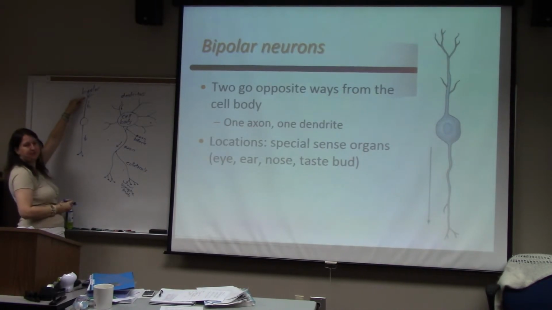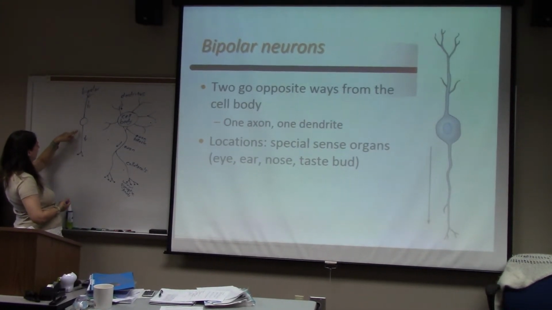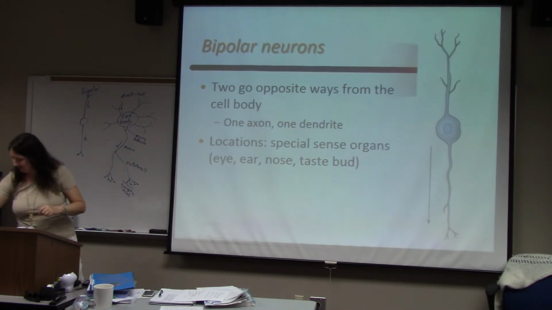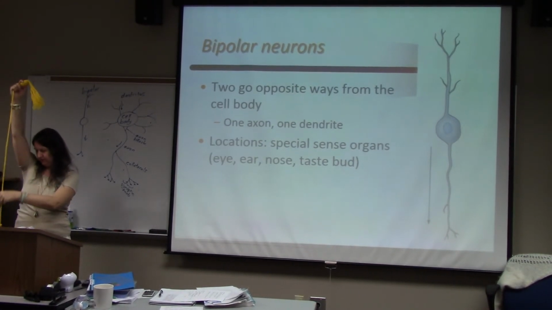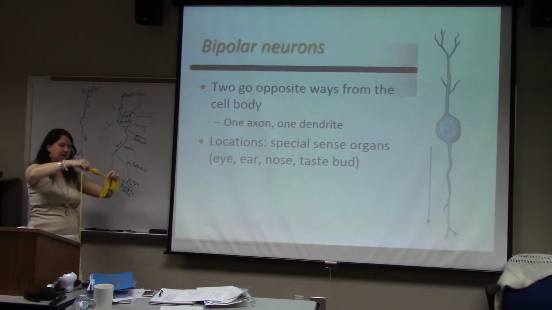The dendrite may have some branches to it, but it all joins into one before it connects to the cell body. The axon, again, may have branches, and they all go into axon terminals, or synaptic knobs.